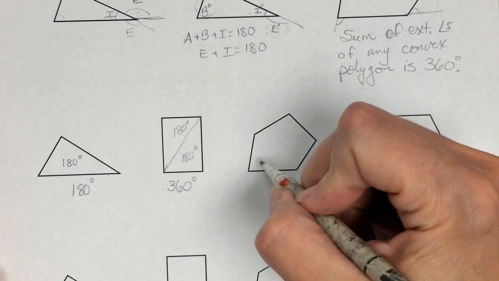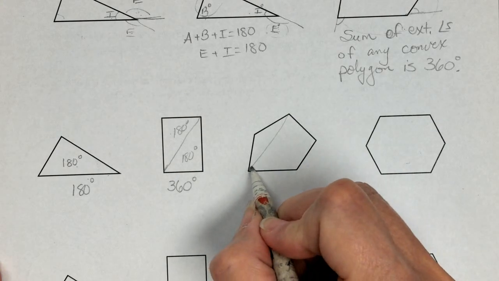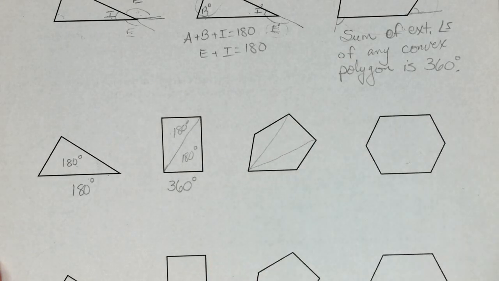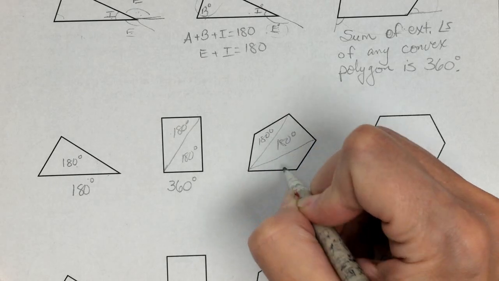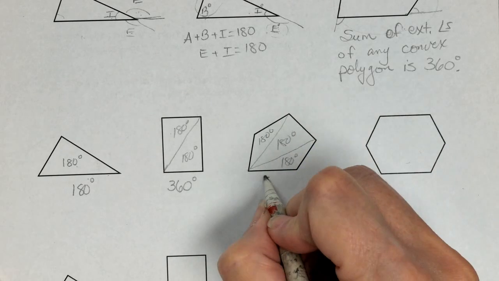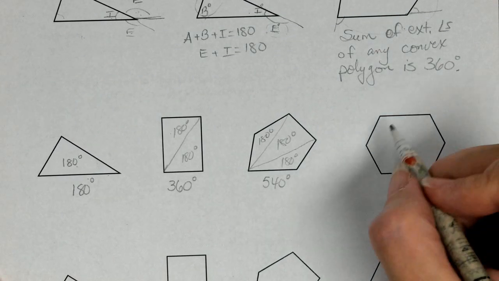Now we have a five-sided figure, a pentagon here. That can be split into three triangles. Each of those is 180 degrees. 3 times 180, 540 degrees.